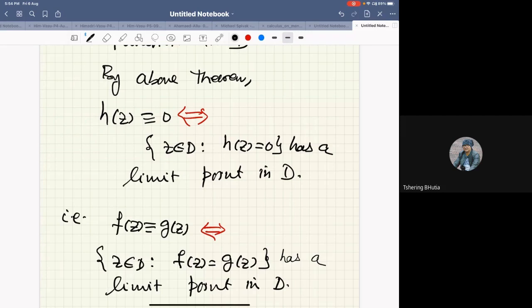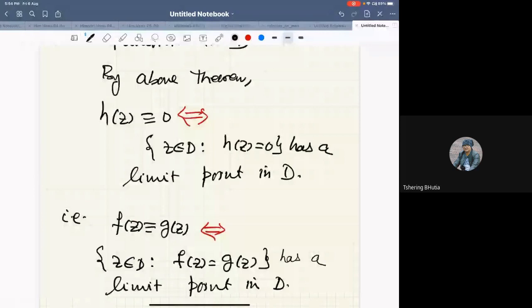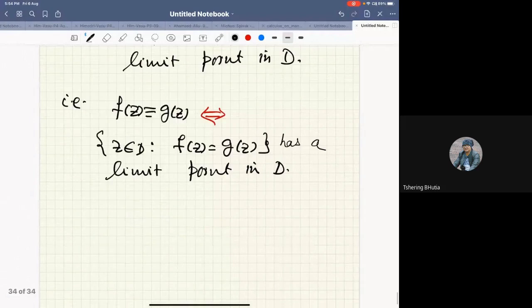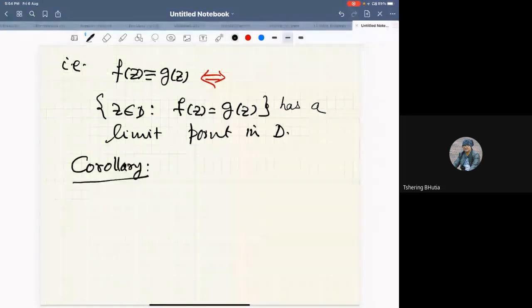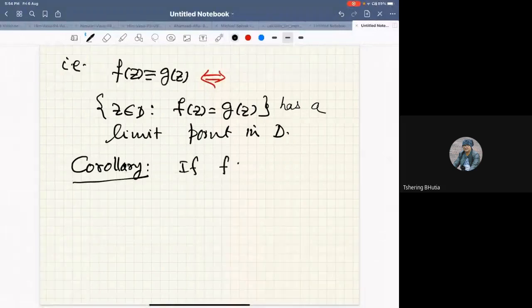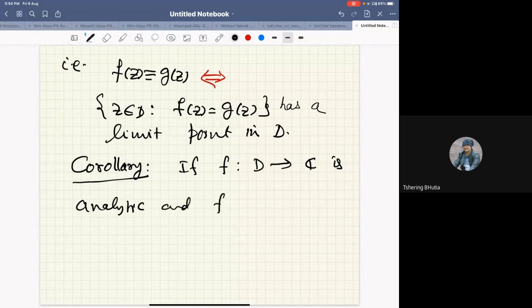Let us use one more application of this result to prove that zeros of a non-constant analytic function are isolated. Let me give one more corollary. Let D be a domain in C, and f from D to C be analytic and not identically 0.